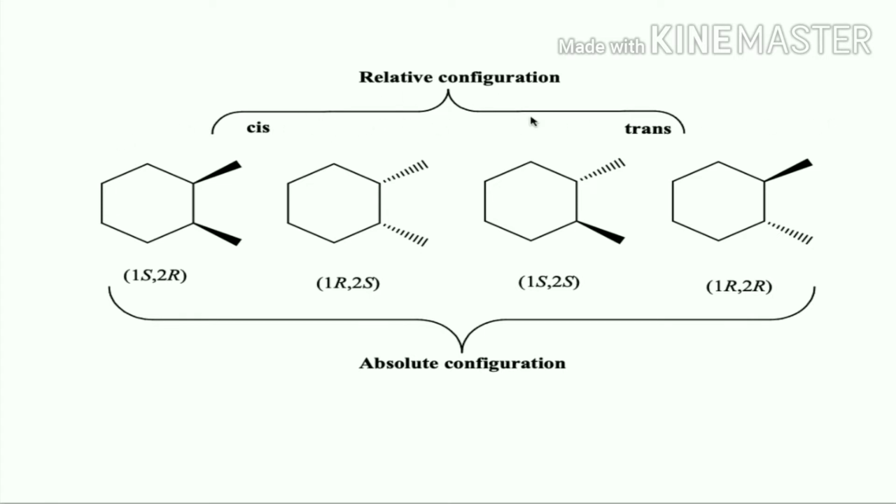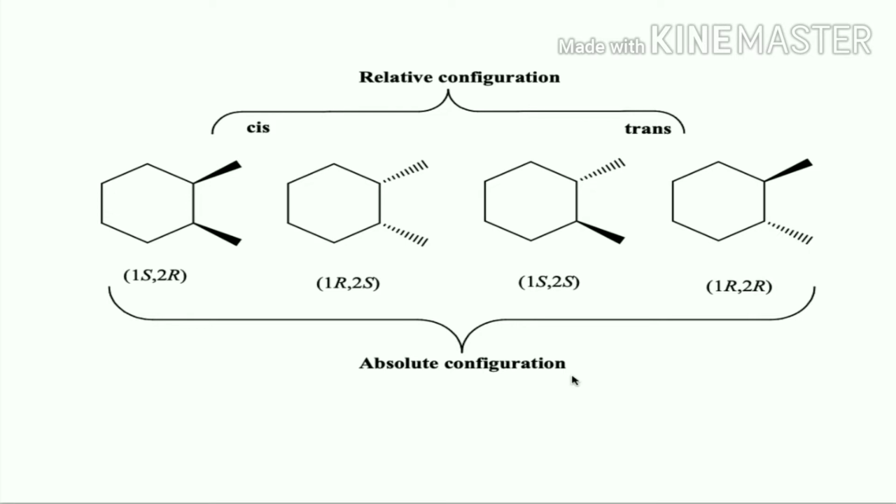Now this relative configuration is not sufficient to decide this molecule. We need to know the absolute configuration, because at the beginning of stereochemistry we discussed that different isomers will act differently. One isomer may be drug-like, another isomer may be toxic.